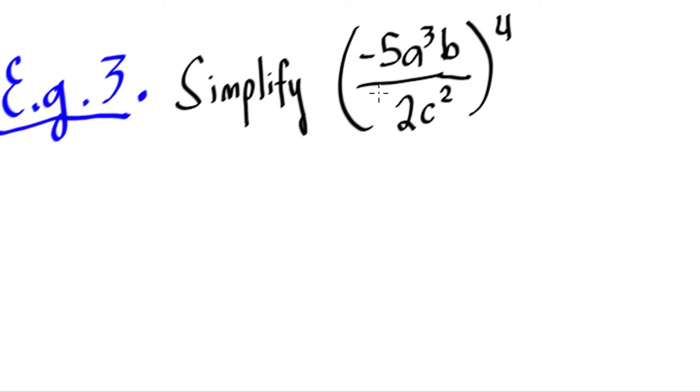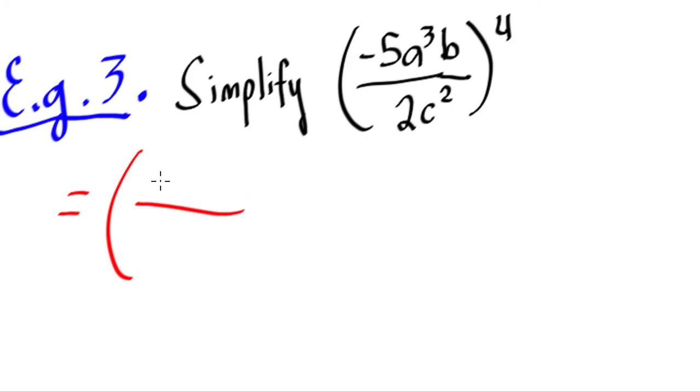So let's try first to simplify the inner part, just like the PEMDAS rule. P stands for parentheses, or the grouping. Let's do this here first. So negative 5 over 2, we cannot do anything about it, so let's just write it down.